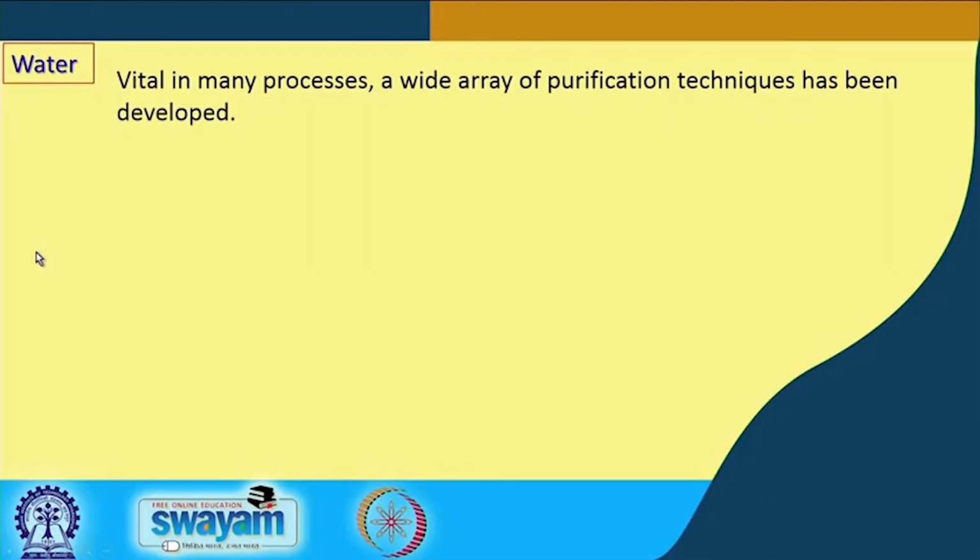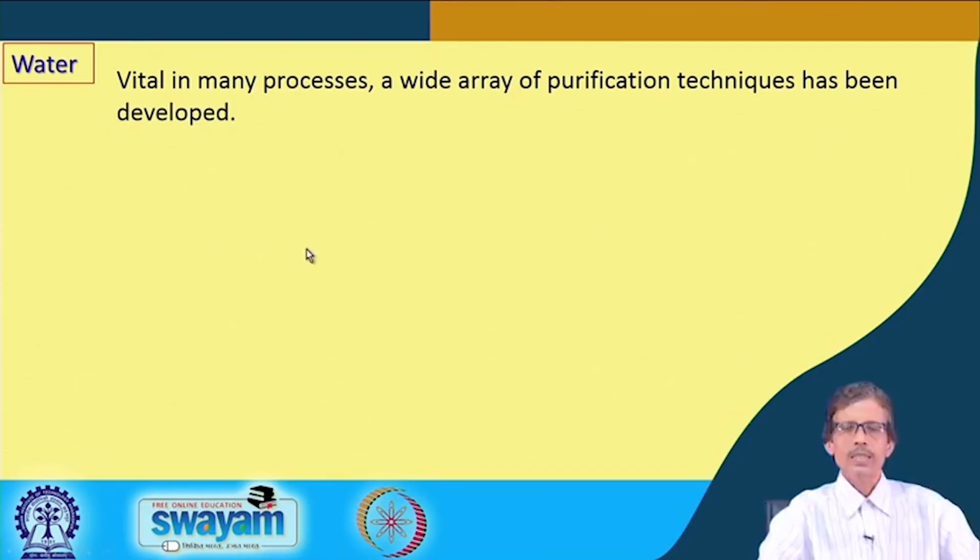Today we will see how we can get very pure quality water, because it is important in many processes, such that a wide range of purification processes can be developed in time also.